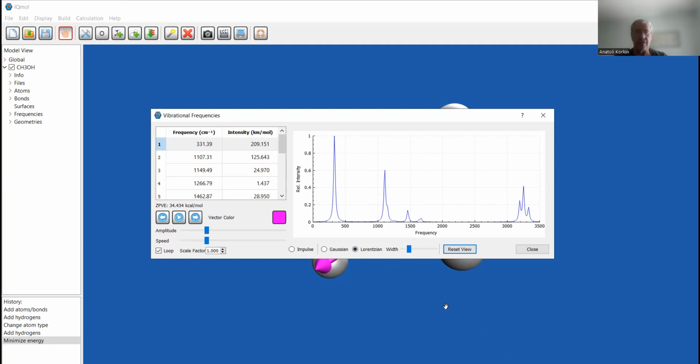Its vibration is like a fingerprint of the molecule. Okay, this concludes our lesson about vibration using the IQmol program in combination with Q-Chem calculations. Thank you so much.